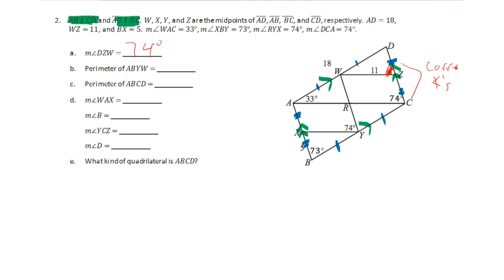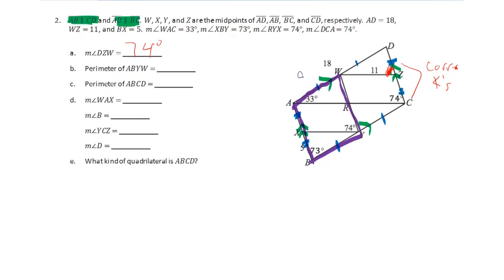I'm going to highlight this in purple. A, B, Y, W. So this guy here. If I look at that guy, I know that AW is half of AD.